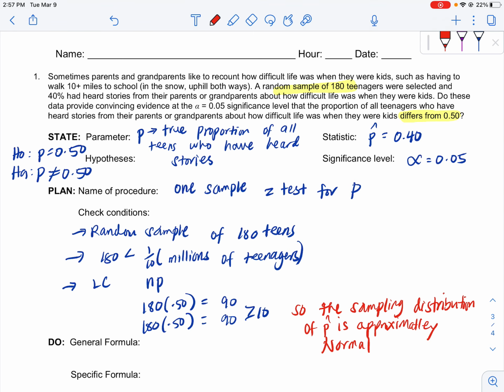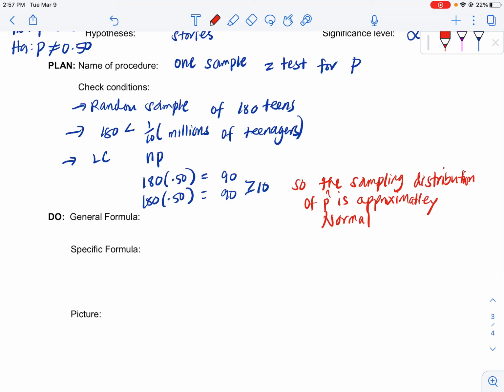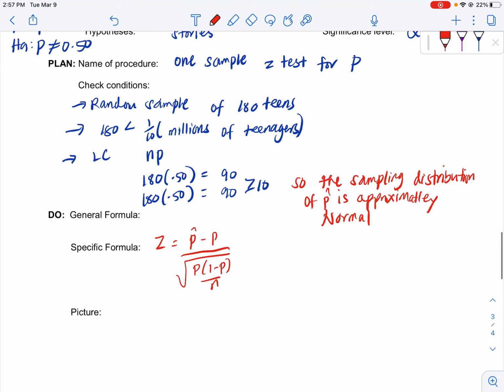There you go. Our general formula, I'm not going to put the general formula anymore, okay? Because it's already on the check understanding portion. I'm just going to put my specific formula. Z equals p hat minus p over the square root of p times 1 minus p over n.